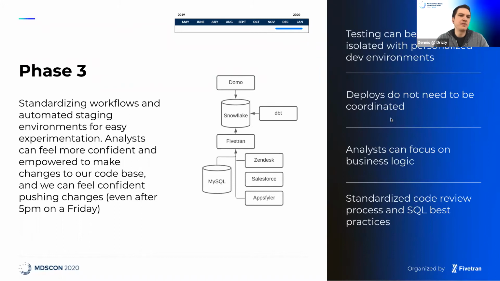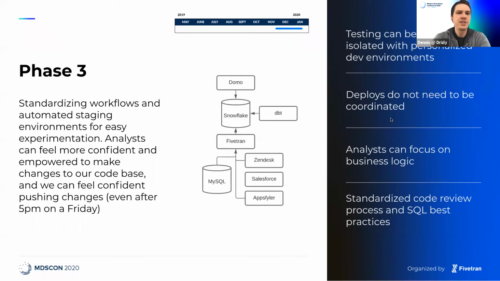So for Snowflake and DBT, what this meant was just taking advantage of things like zero-cost cloning, and have our production runs, then also just clone that production database so every analyst has a personalized staging environment where they can make changes as if they were making changes directly against production, but be doing that in a safe way that it's only viewable to them until they're ready to push out that PR.